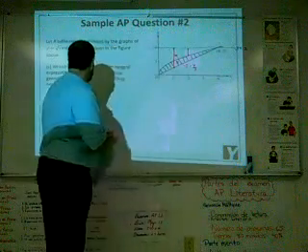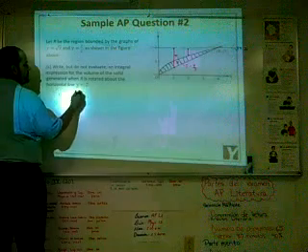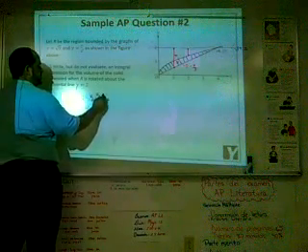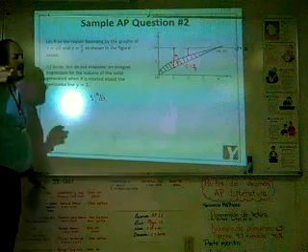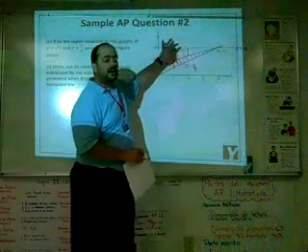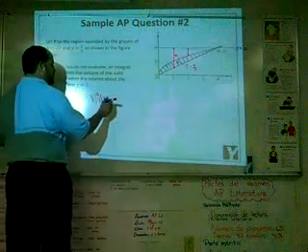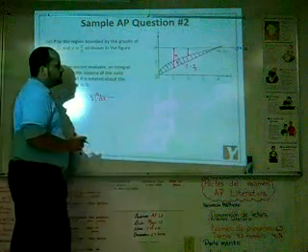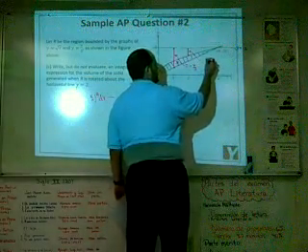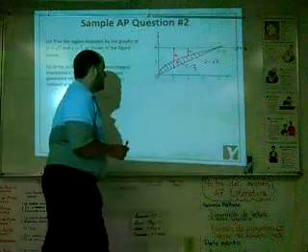If I set my volume up as the volume equals pi, the integral from 0 to 4, 2 minus x over 2 squared dx, that volume will include this white area in here that I'm not interested in. So in order to remove that, we're going to scoop out, or we're going to subtract the region formed by this little section, which is 2 minus the square root of x.